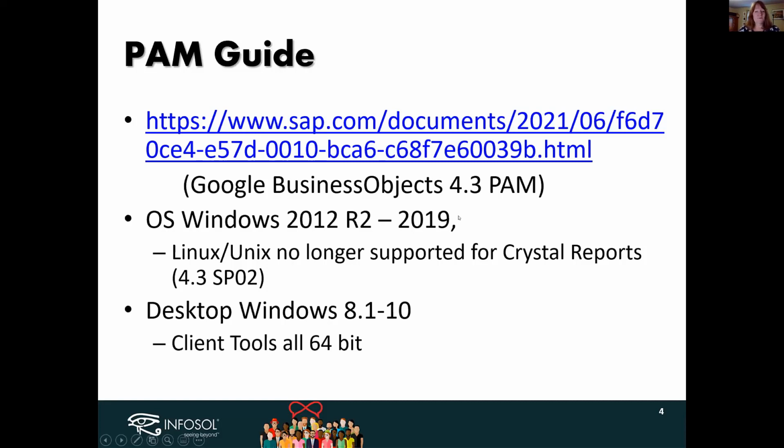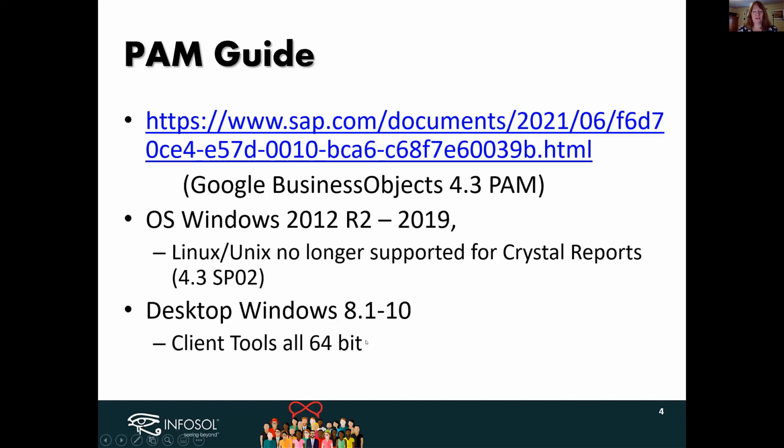A lot of people are moving to Windows 2019. Another big piece of the operating system entries that you'll see in the PAM is that Linux and Unix is no longer supported for Crystal Reports as of SP2. So 4.3.1 did, but now the recommendation is to move to a Windows operating system. Desktop Windows, those have a certain level.